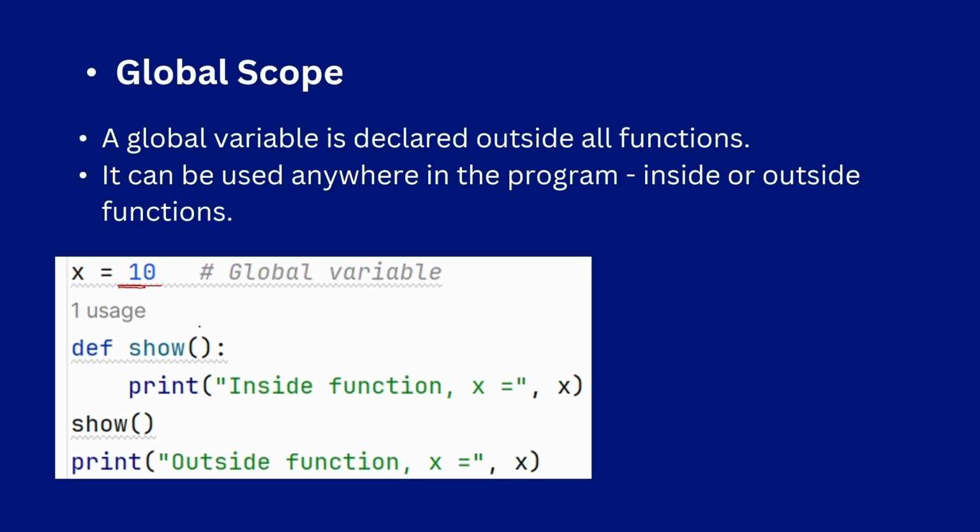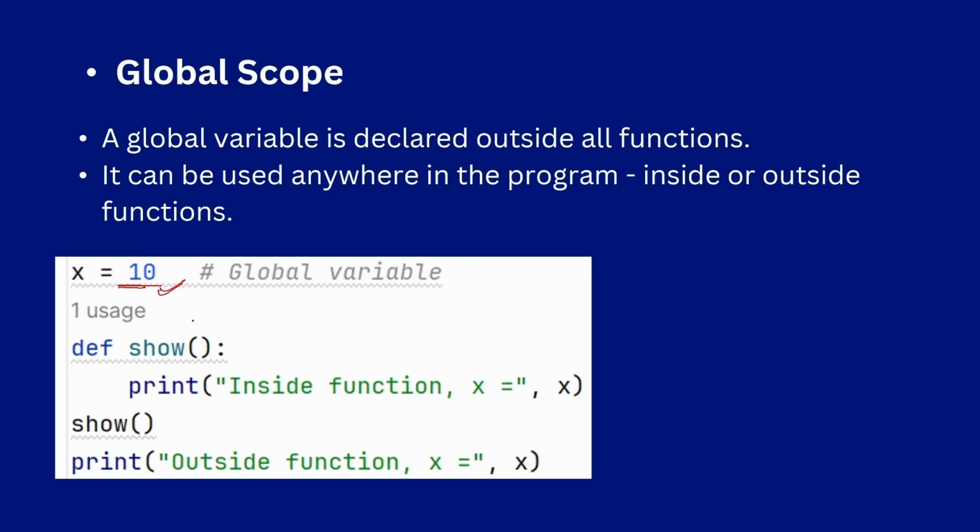It is declared outside all functions, so it is not part of any function. It can be used anywhere in the program, inside or outside functions. So we can use it inside a function, and we can also use it outside a function.